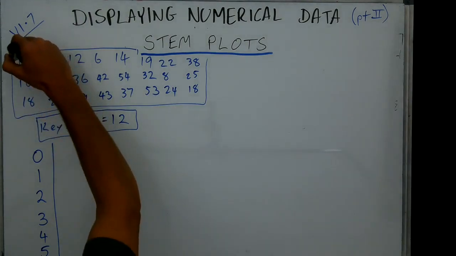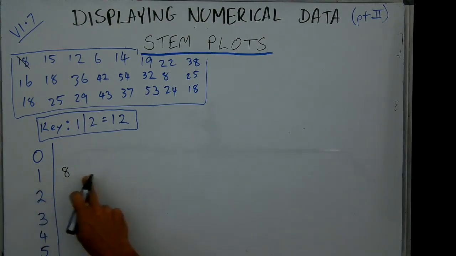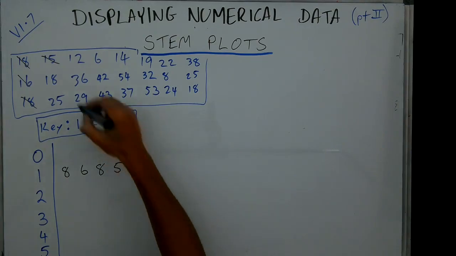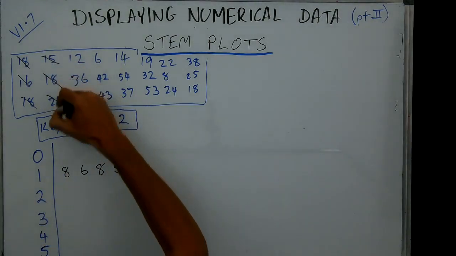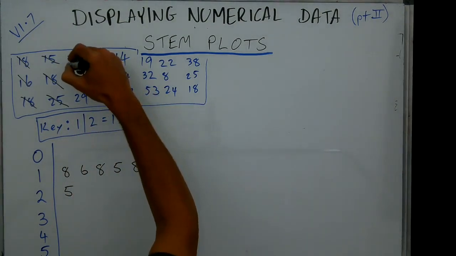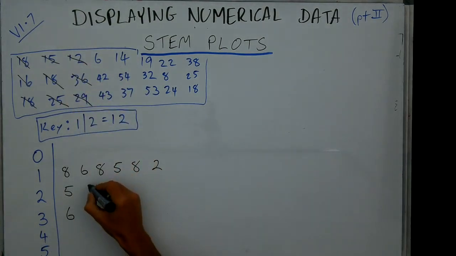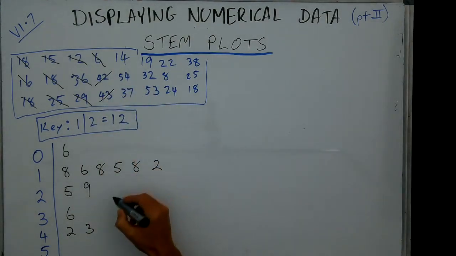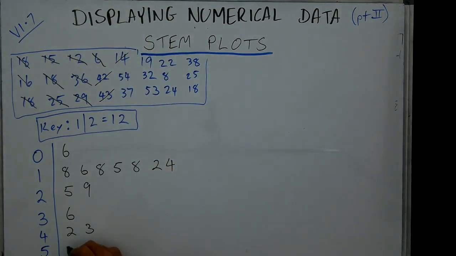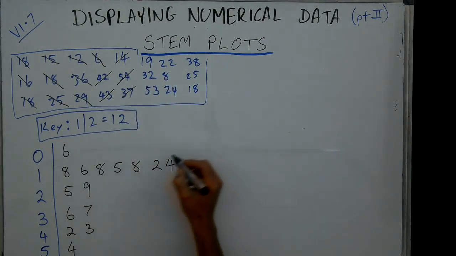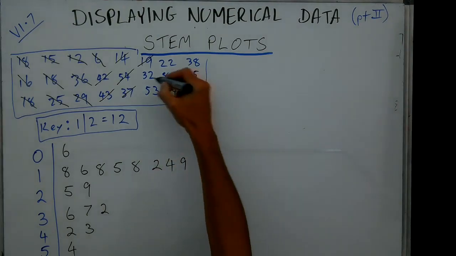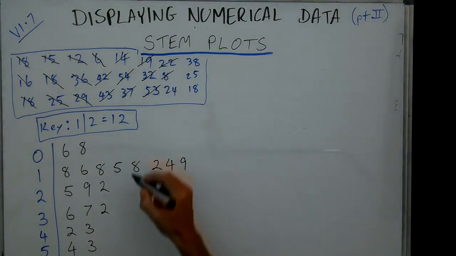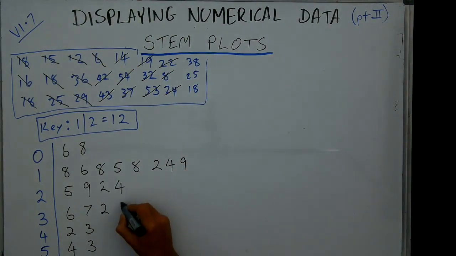Okay, so the first thing is 18, so cross that off, and I'm just going to put an 8 next in the 1 row. 16, another 8, 15, 18, 5, 12, 36, 9, oh, 6, 2, 3, 15, 4, 7, 8, 9, 2, 3, 2, 8, 4, 38.